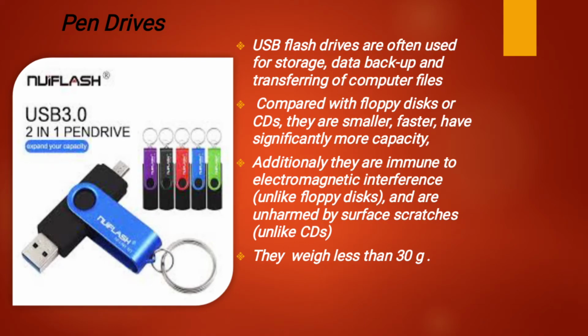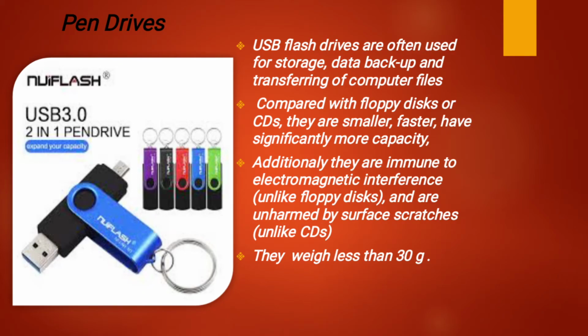Additionally, as I have already explained, USBs and memory cards are immune to electromagnetic interference and any magnetic interference, unlike floppy disks. Floppy disks are very easily damaged by electronic and electromagnetic interference.